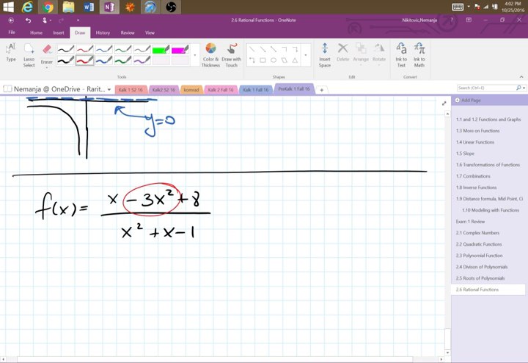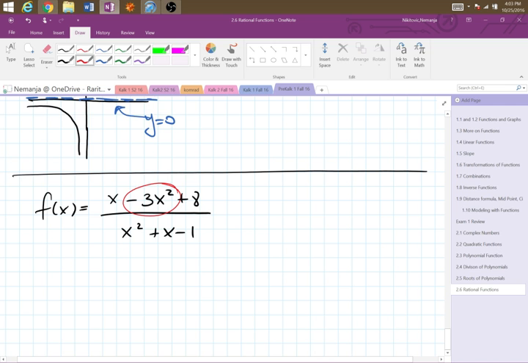The leading term is always the one with the highest exponent. It doesn't matter where it's written. Not all people are polite, okay? They will put this x squared term, the leading term, in the middle. That's not mathematical etiquette or whatever, but some people will do it.